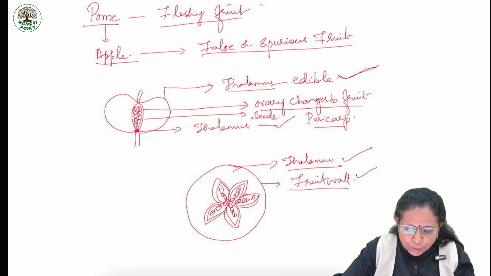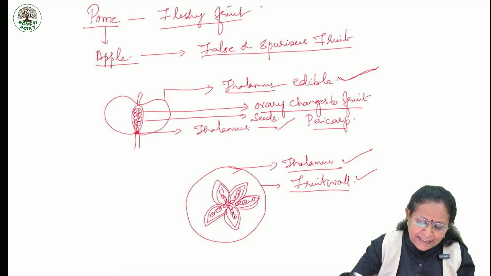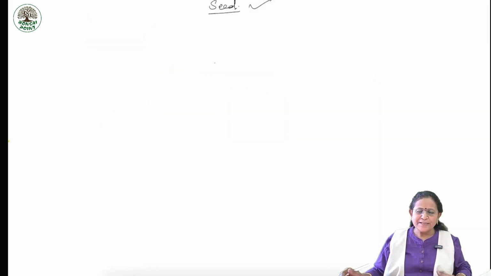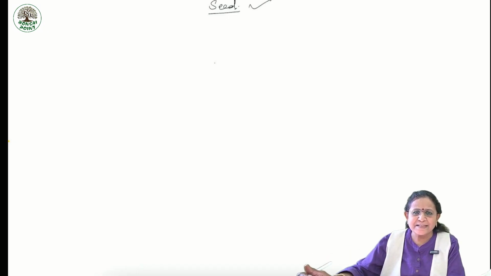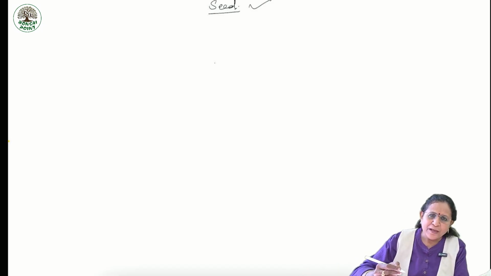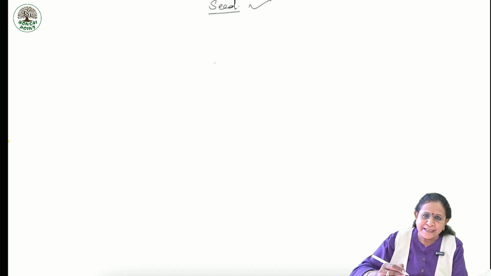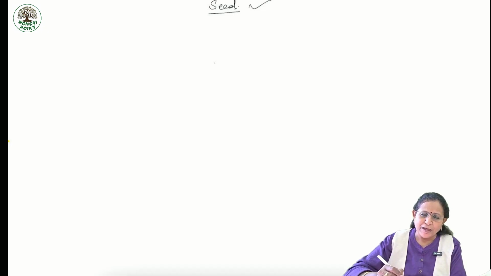Let us pass on to the next topic, that is seed. Yes, students, let me explain seed and its characters. Dicotyledonous seed and monocotyledonous seed. First of all, what is a seed? Seed is a fertilized ovule.